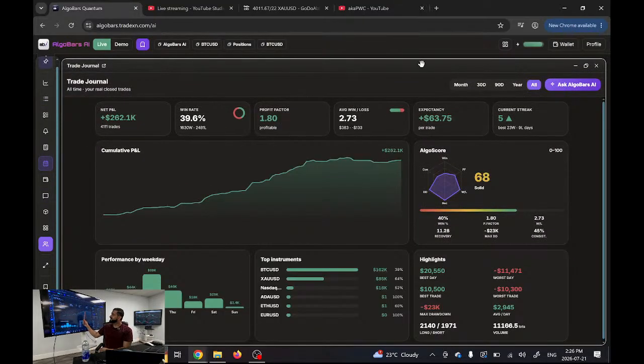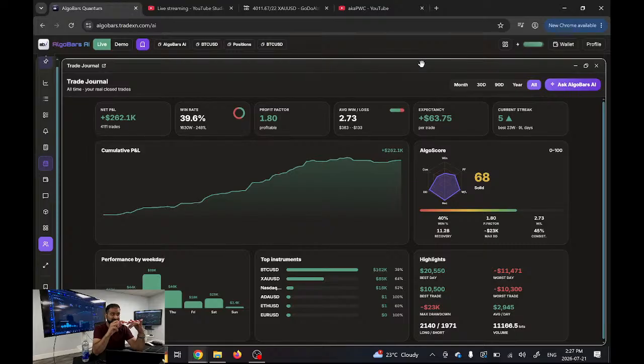So the trade journal, basically, once you start trading, you build a history, and it gives you a full overview of exactly how you've been doing. But here's the funny thing. Trade journals are actually paid everywhere else. If you want a trade journal, you have to pay for it, but not on AlgoBars. Just like on TradingView, you have to pay for the sub-minute timeframes.